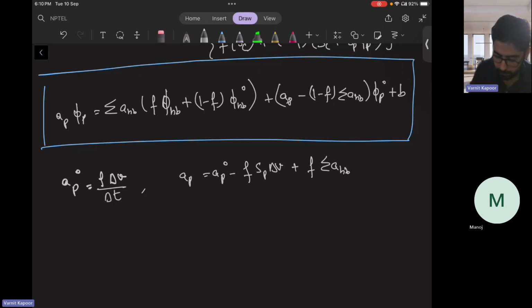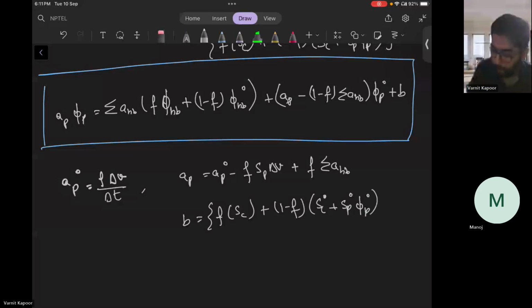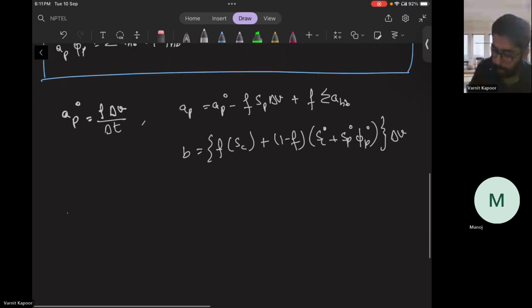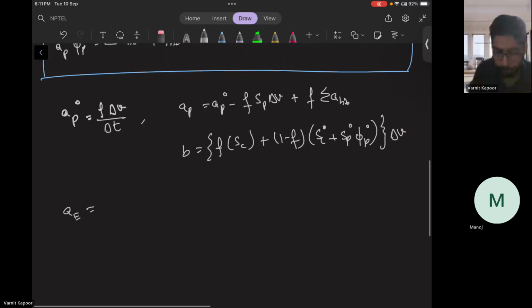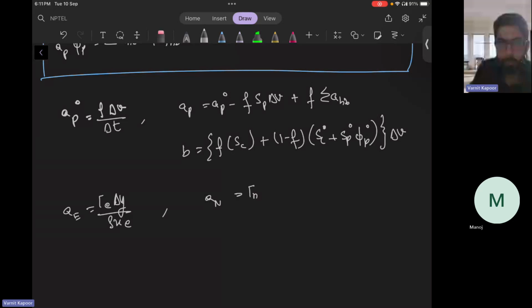And your b is f SC plus 1 minus f SC naught plus SP naught phi P naught, times del V. Your a_E is gamma east del Y over del X, and a_N will be gamma north del X over del Y.